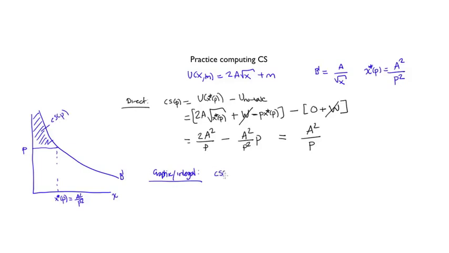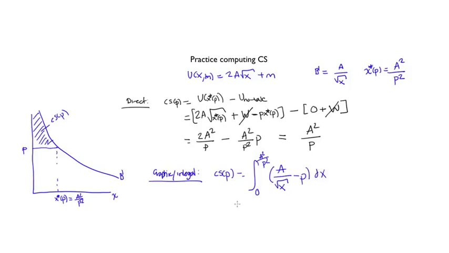The consumer surplus at P is going to be equal to the integral from 0 to the amount demanded, so from 0 to a squared divided by p squared, under the marginal benefit function and above the price P line, so over the function a divided by square root of x, that's the marginal benefit, minus p dx.